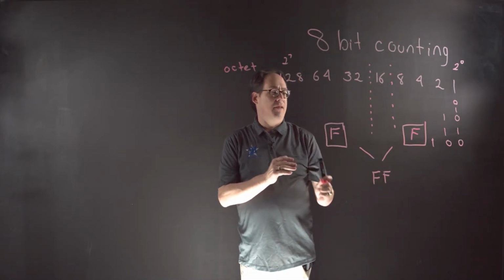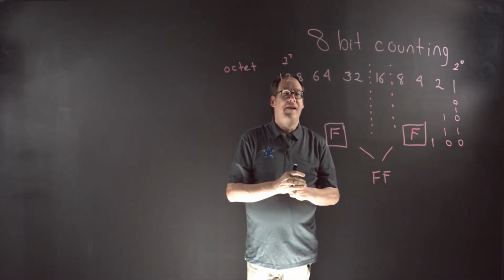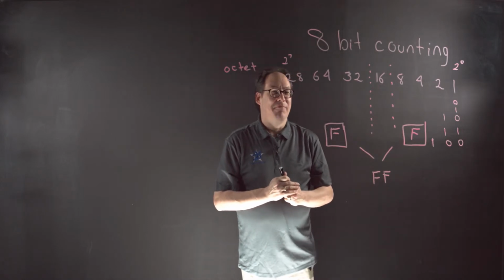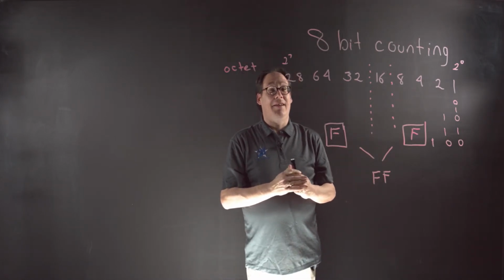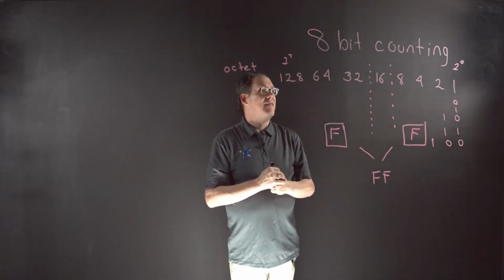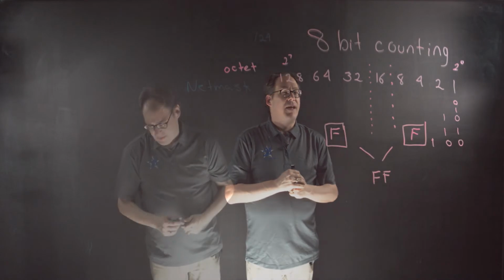The other half is the second, and they combine to form an octet. In IPv6, we will use these and combine another one of them to produce a hextet. So this is the basic form of counting that we use.